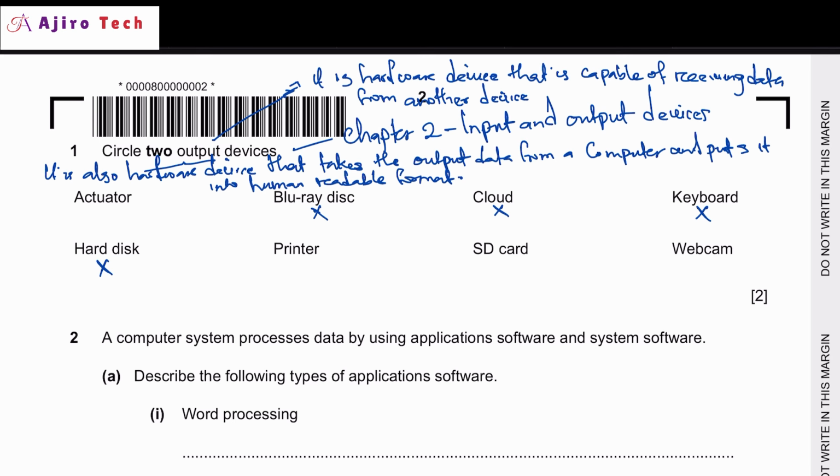Then we look at SD card. SD card is also storage, because for SD card, you're looking at it as the solid state disks, and they fall under memory card. Webcam is input. So you have two things here: you have printer and you have actuator.